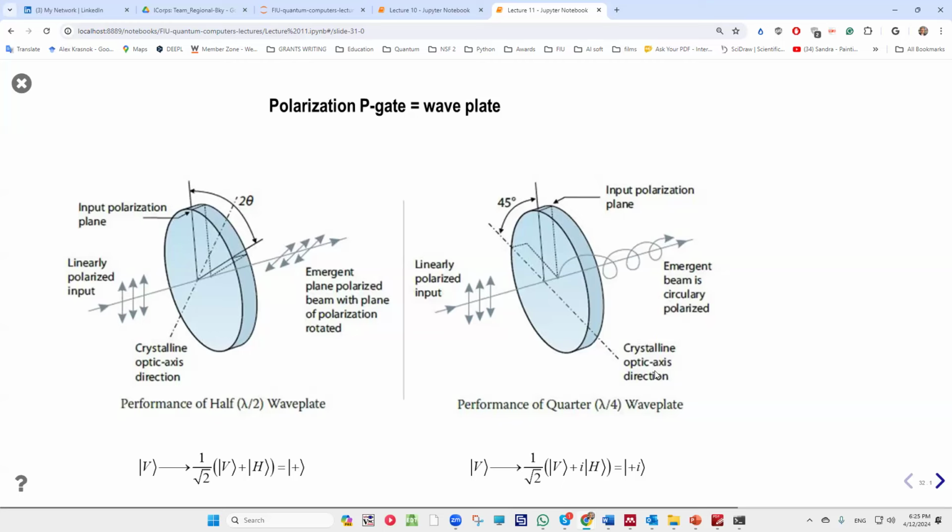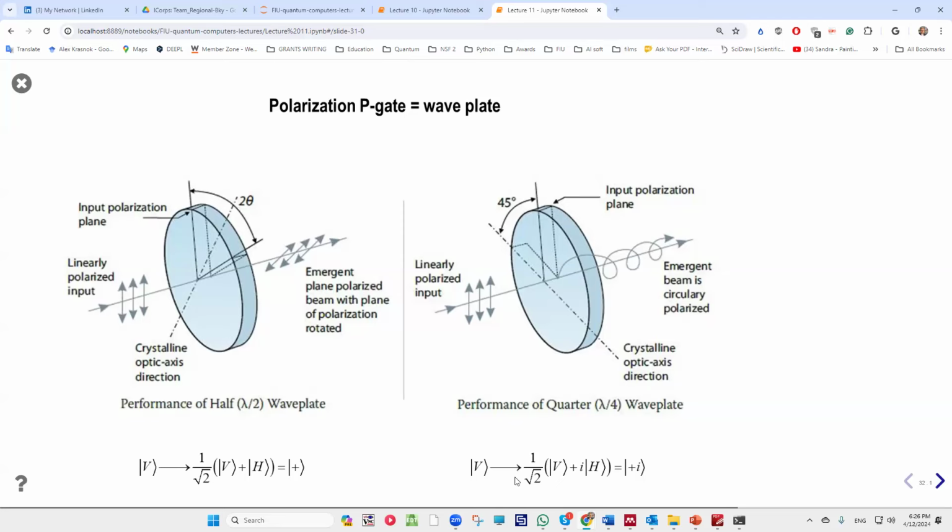However, if we change the thickness of this plate, namely if we make it twice smaller, we get another device which is called a quarter wave plate. And this quarter wave plate creates the circular polarization, either clockwise, like shown here in the picture, or counterclockwise.